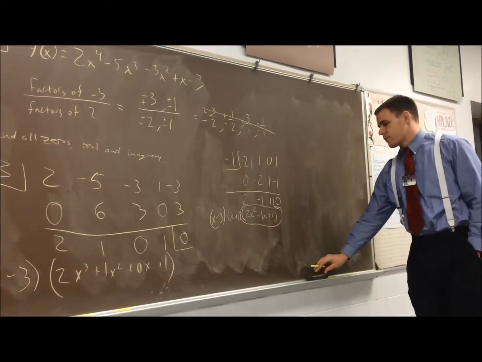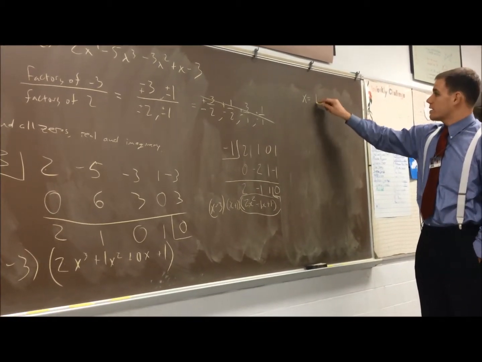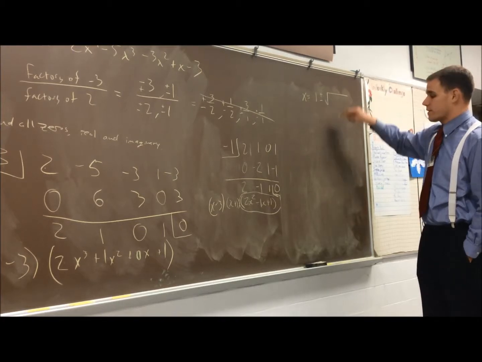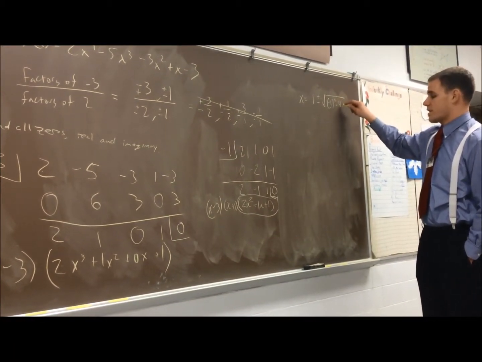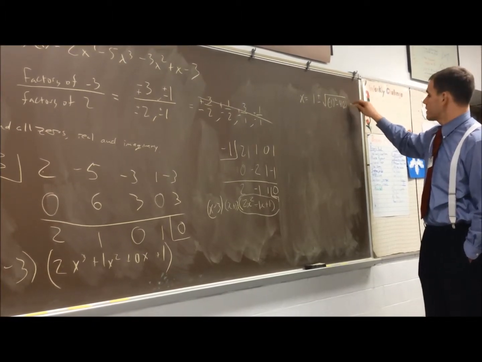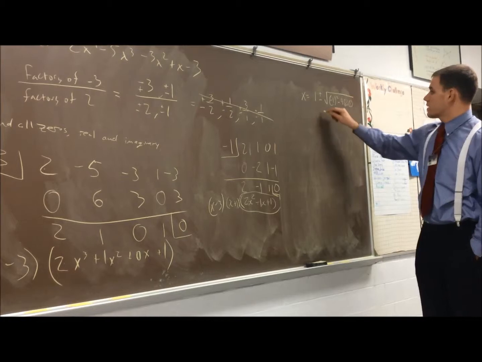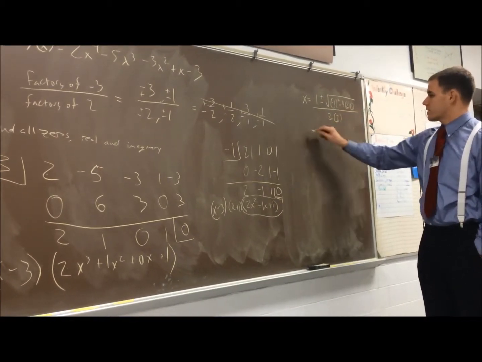So let's do the quadratic formula. Negative b plus or minus the square root of b squared minus 4ac, all over 2a.